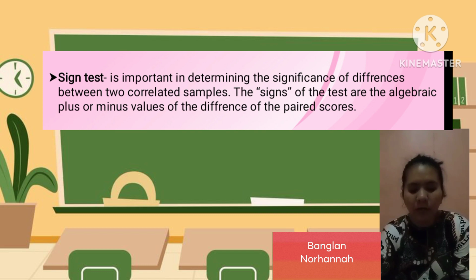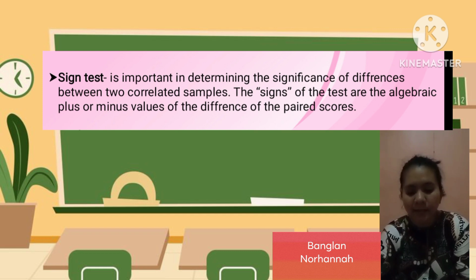It is commonly used when comparing the differences between two correlated samples, such as the weight of subjects before and after treatment. The test determines if one member of the pair tends to be greater than the other.